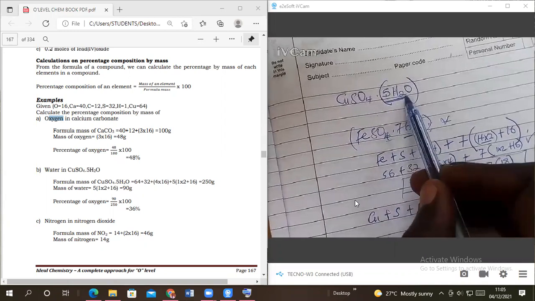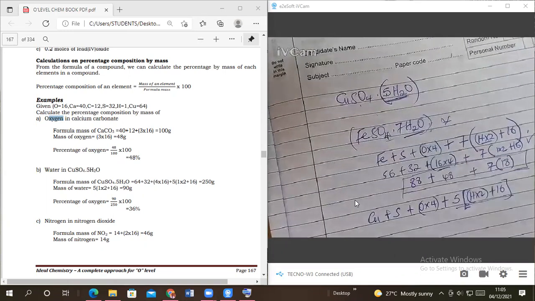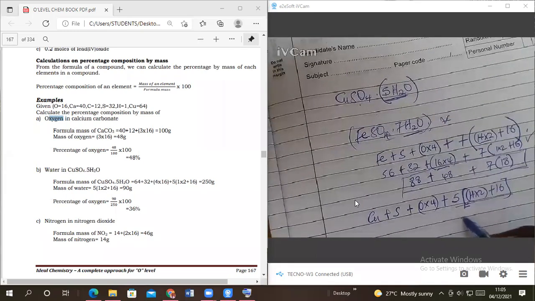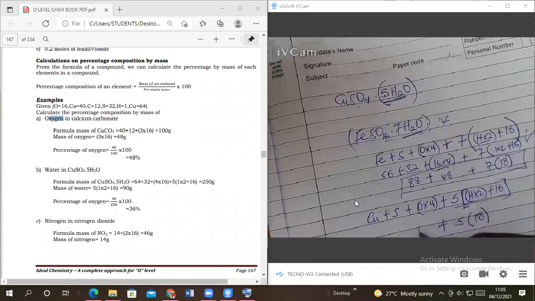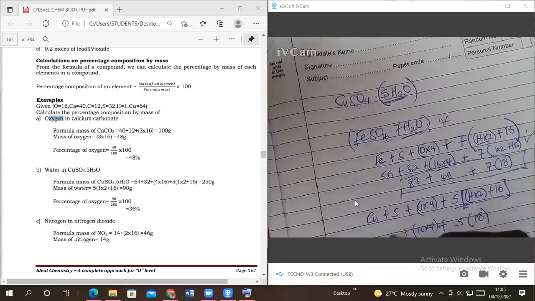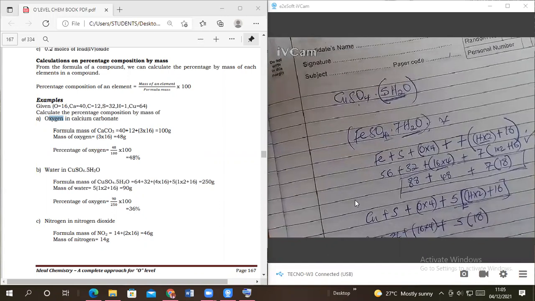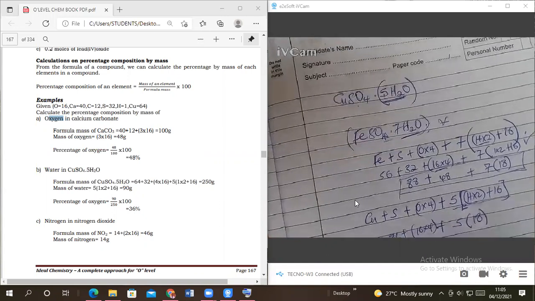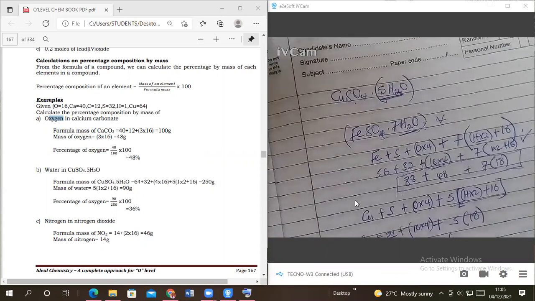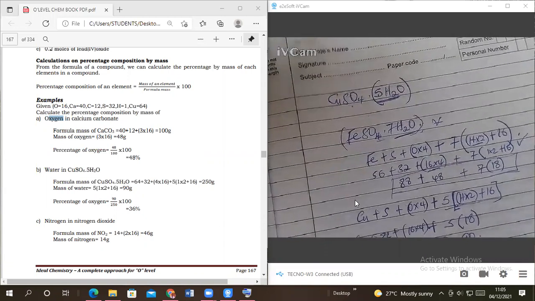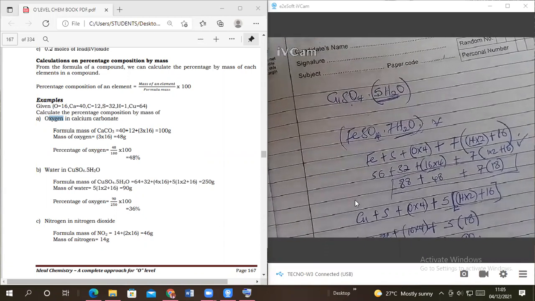There are 5 molecules of water in this compound. So here you find 5 times 18, plus 16 times 4, plus 32, plus 64. The final answer here is 48 plus 32 plus 64 plus 5 times 18, you get 90. These ones alone give us 64 plus 32 plus 48, which gives us 145.